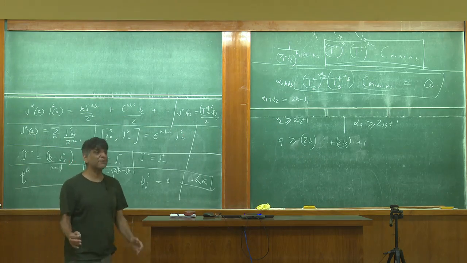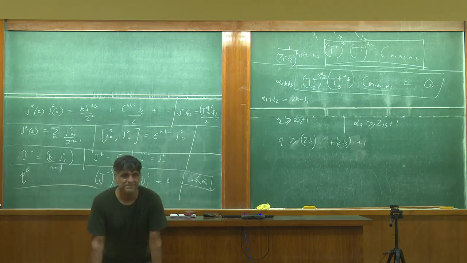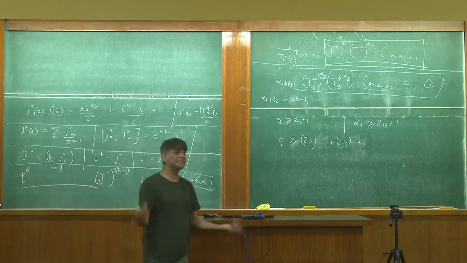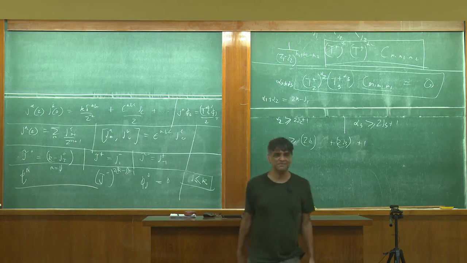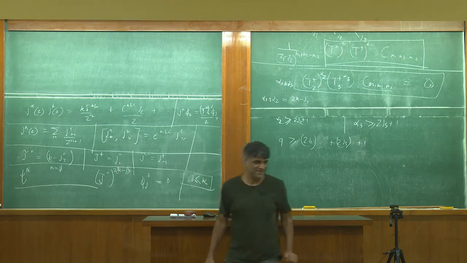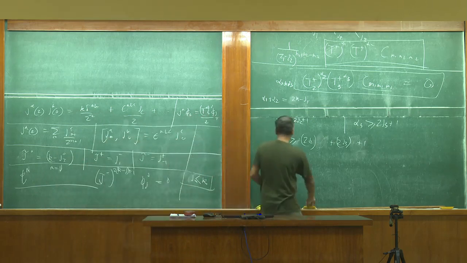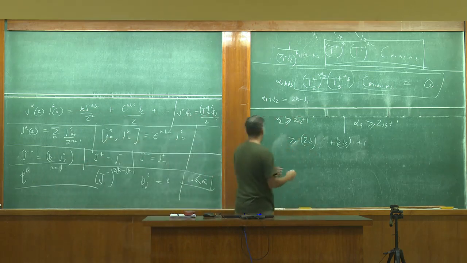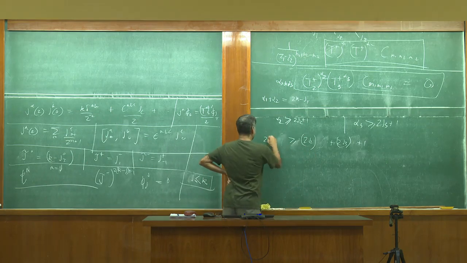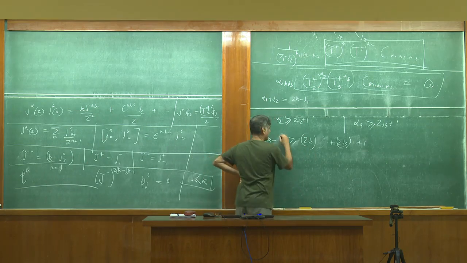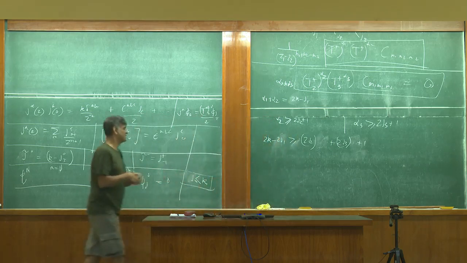In this case, we would get no information, because the Clebsch-Gordons by themselves would be 0. But what was Q? Q was 2K minus 2J1. Excellent.